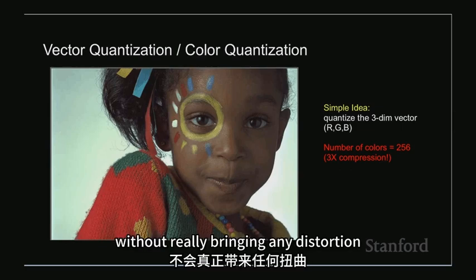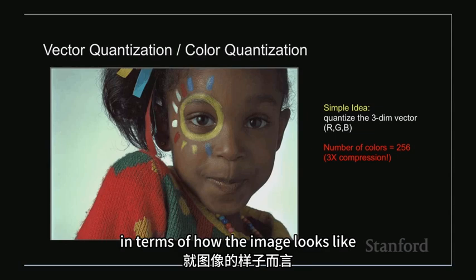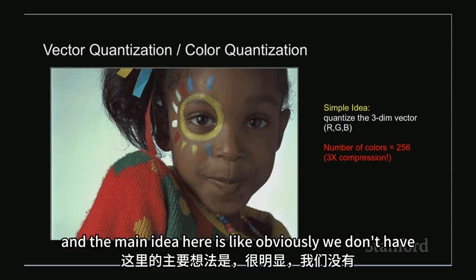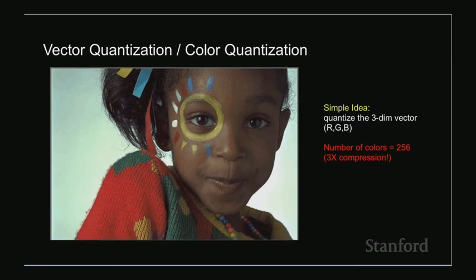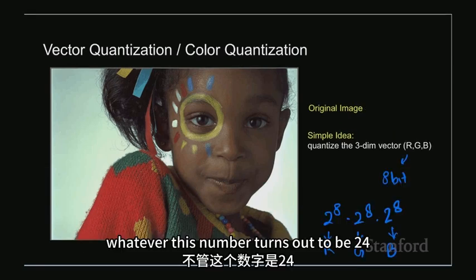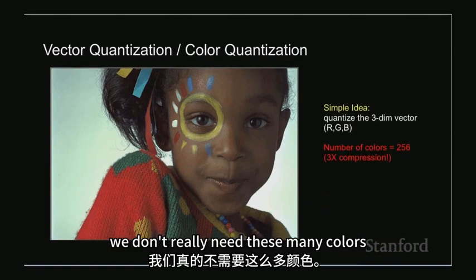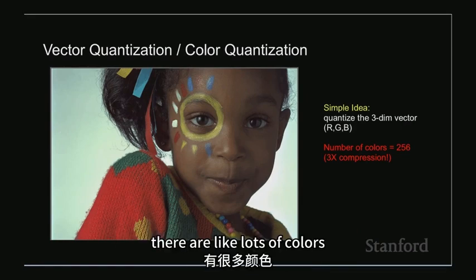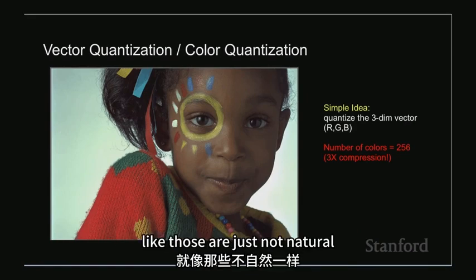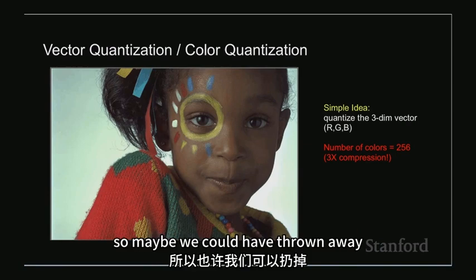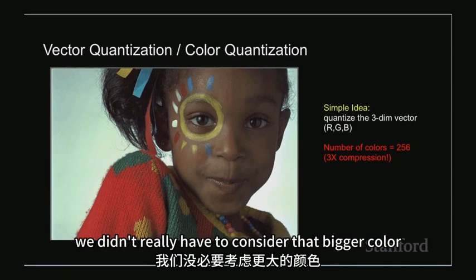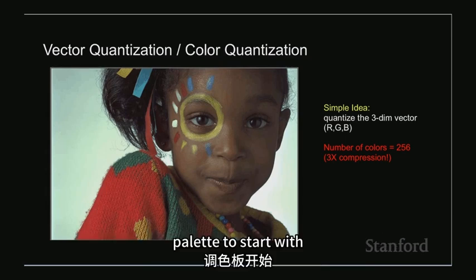Without really bringing any distortion in terms of how the image looks. And the main idea here is that we don't need 2 raised to 24 colors to represent this image. There are lots of colors which will just never happen. Those are just not natural. So maybe we could have thrown them away. We didn't really have to consider that bigger color palette to start with.